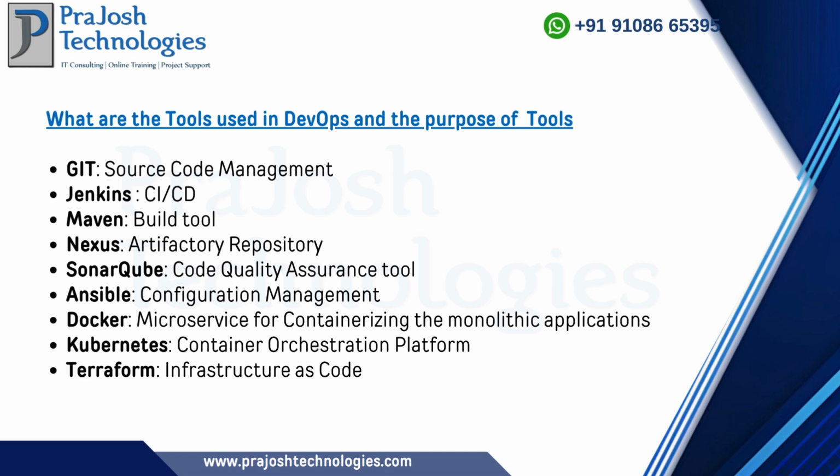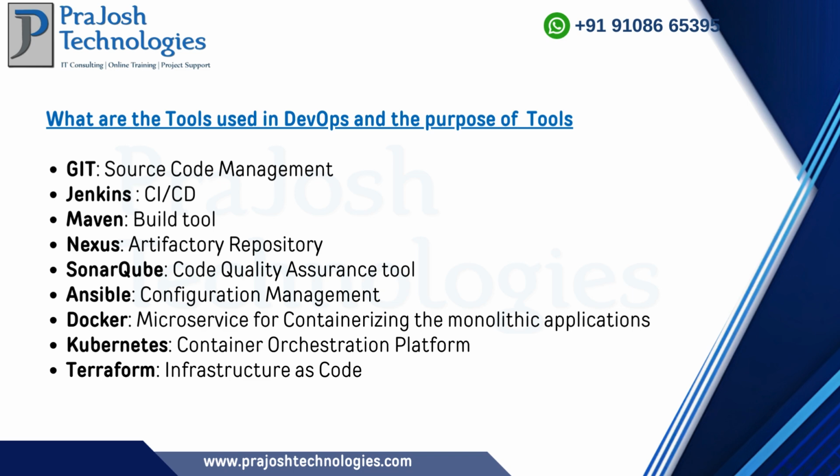Whenever we have packages related to Maven, like jar packages and war packages, if your application is web-based, we have war packages. If your application is Java-based, we have jar packages. All these packages, and also your Docker files, and also your Helm charts, any kind of artifacts related to your project can be stored in an Artifactory repository like Nexus and JFrog.